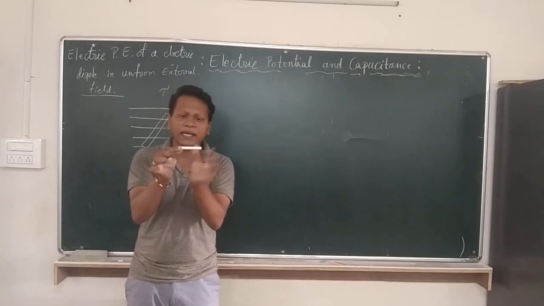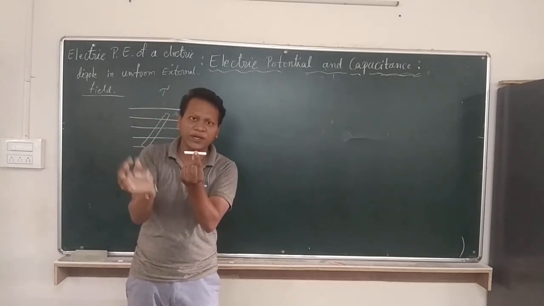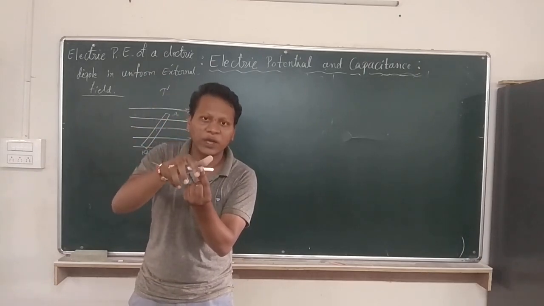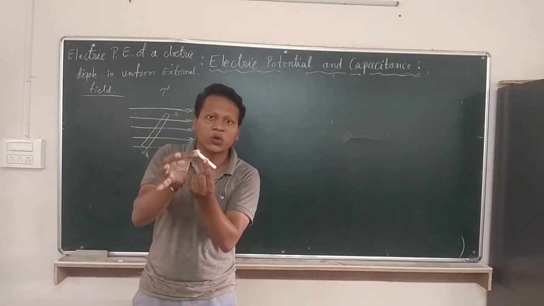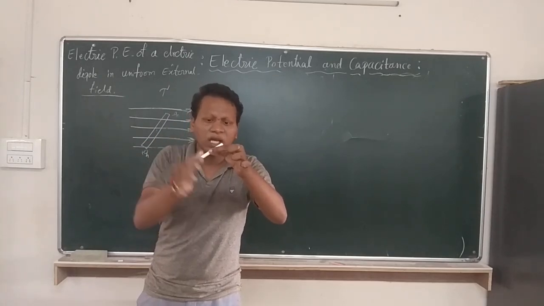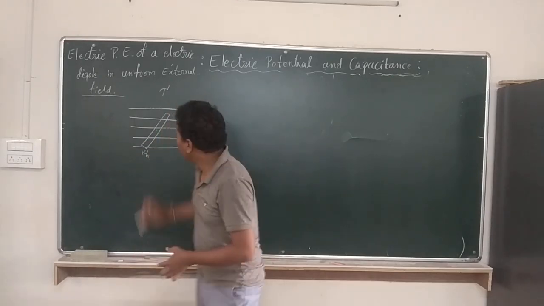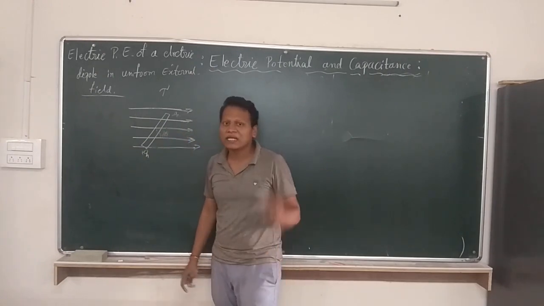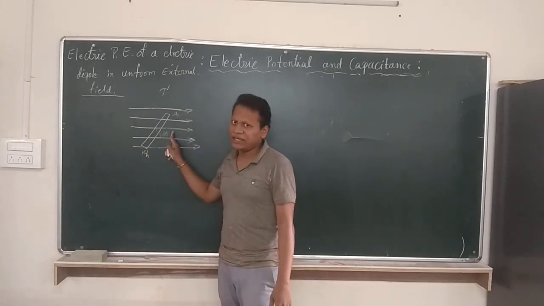As this electric dipole is under the external field, it loses its capacity to stay static and starts to rotate in this direction. Continuous rotation changes this angle, and I will call this small angle d theta.